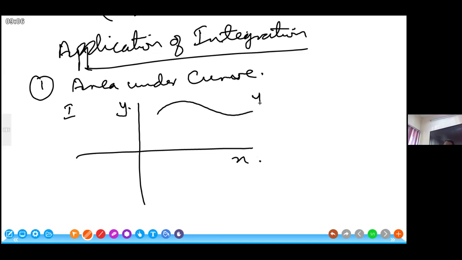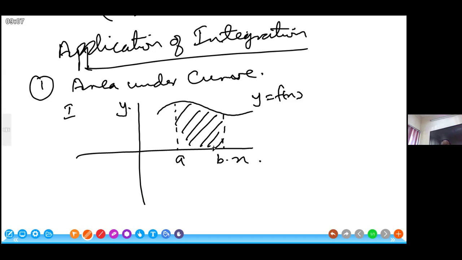Let's say y is equal to a function of x. A function has been given. Now I want to find out the area between a and b, values of x, above the x-axis. So that is the case.